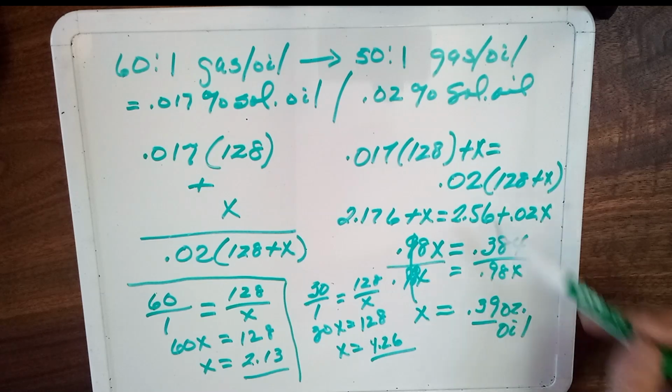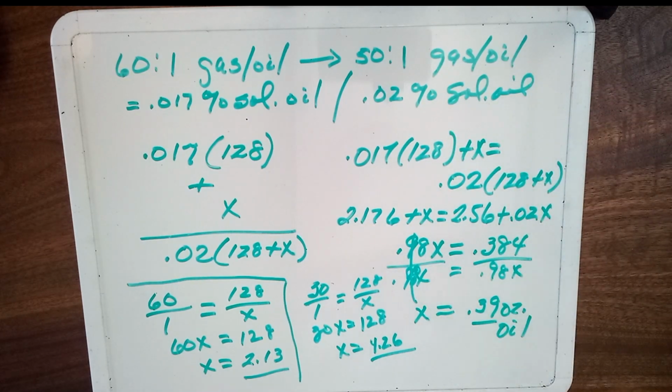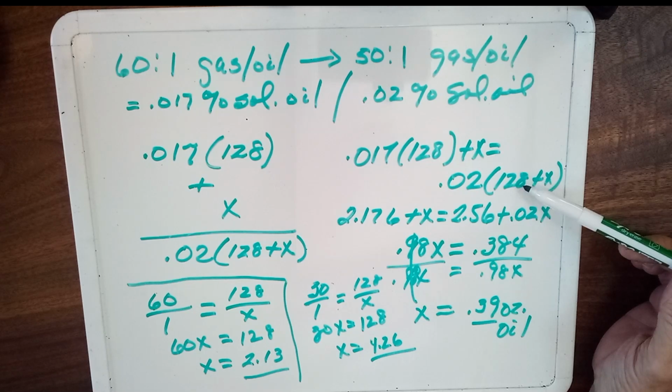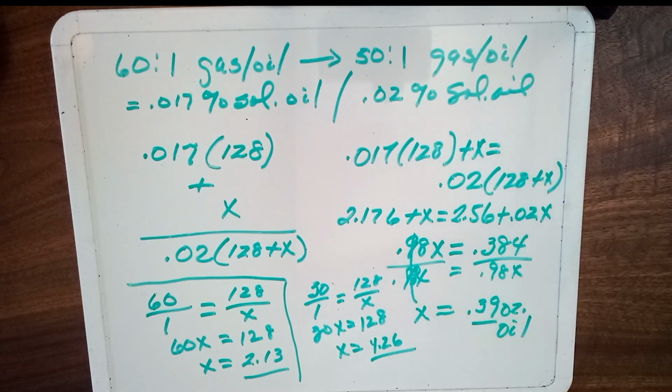Here, I've already got oil and gas mixed into the 60. So it is a different problem when I'm adding oil to an oil and gas mix to bring it up to 50. In this case, it would be for 1 gallon of gas, which is indicated here by the 128 here and here, 128 ounces in 1 gallon, equals adding 0.39 ounces to 1 gallon of gas.